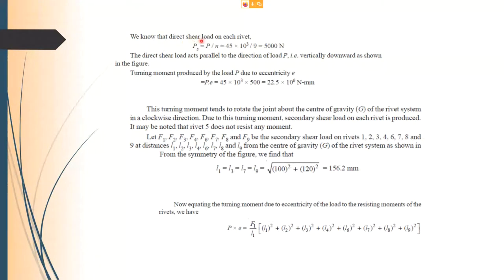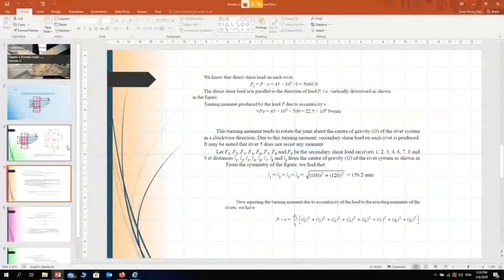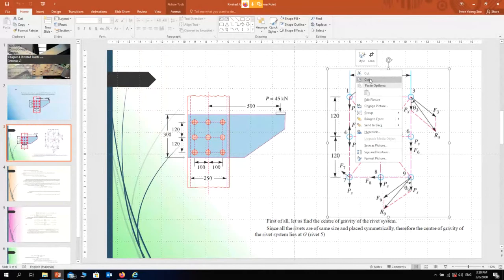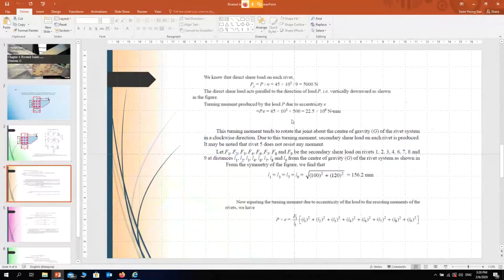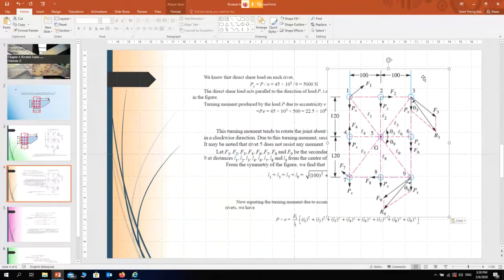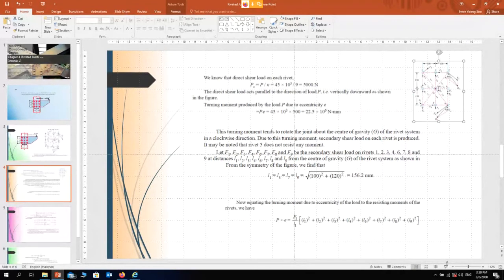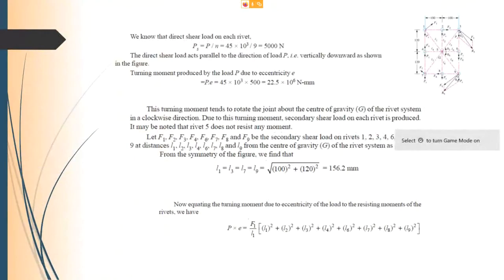Now, we know that the direct shear load on each rivet, you need to take the 45 kilonewton that is acting here just now, divided by 9 rivets.